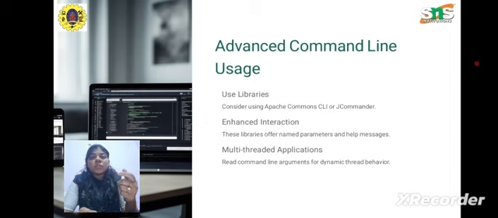They allow you to define options with flags like -h, --help, named parameters, and even auto-generated help messages. In advanced applications, especially multi-threaded ones, these arguments can even control thread behaviors or resource allocations. So while simple programs can stick to the basic arrays, professional projects often use these parsing libraries.